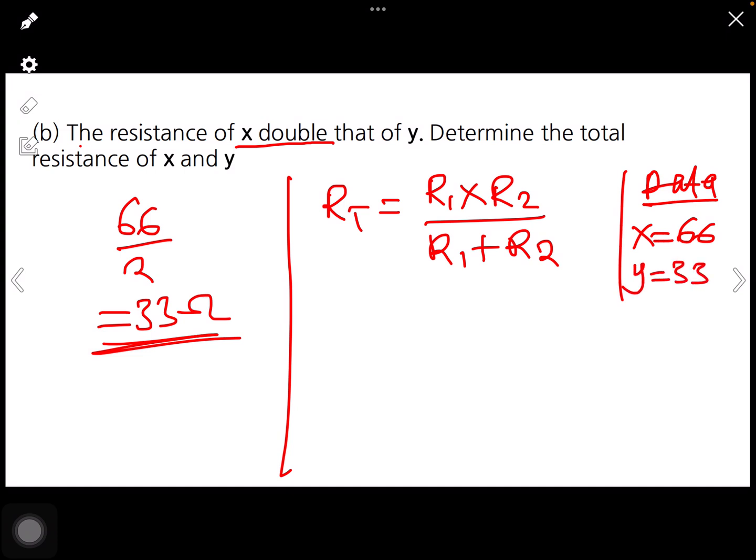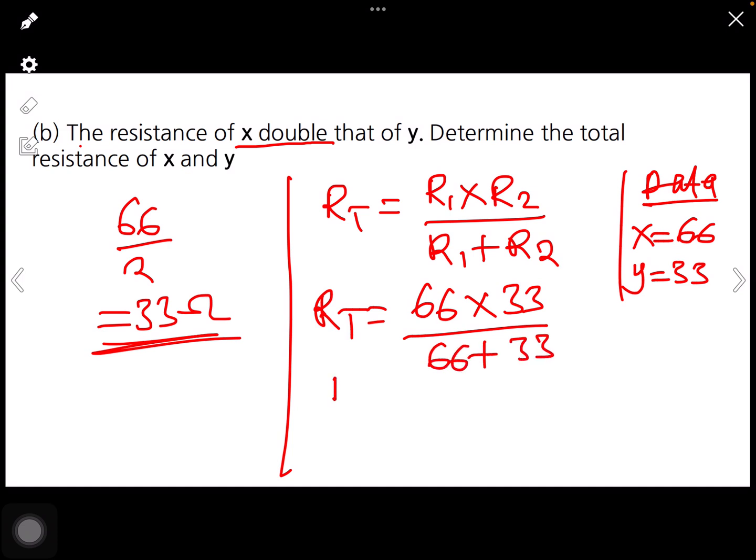So total resistance is 66 times 33 over 66 plus 33.